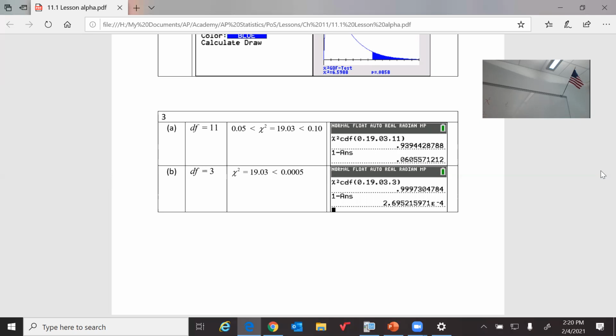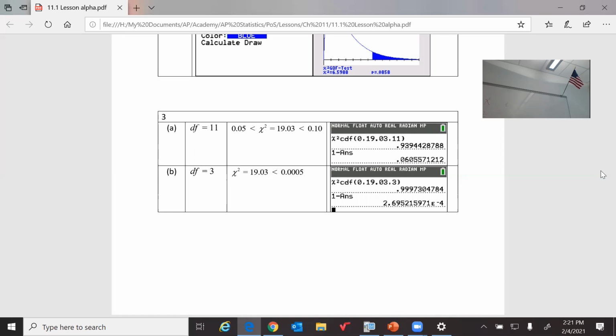Chi-squared CDF. Careful. Don't type PDF. It's just going to give you the height for the input. You want the area. CDF. Now what? Well, we can go from 0 to 19.03, and that would be everything except what's shaded in.